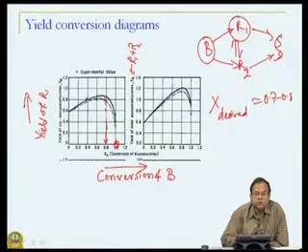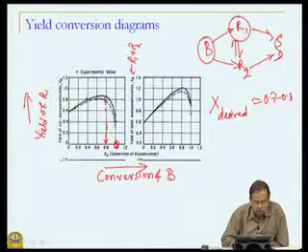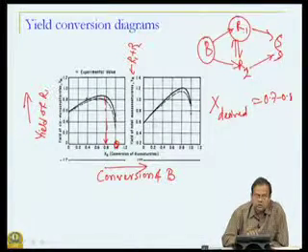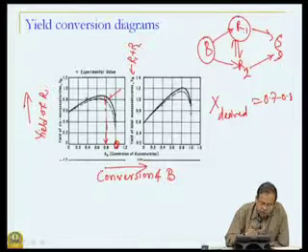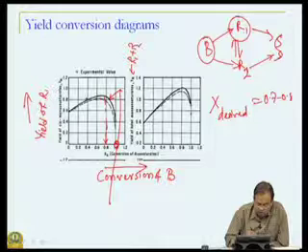So, we should not design our reactor so that we get 100% conversion. That is one aspect. And the other aspect, also apparent in this figure, is that this solid line and dotted line are results for different RPM.